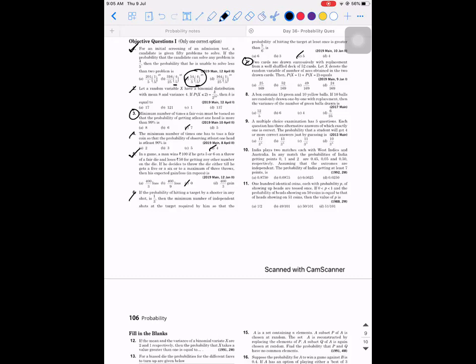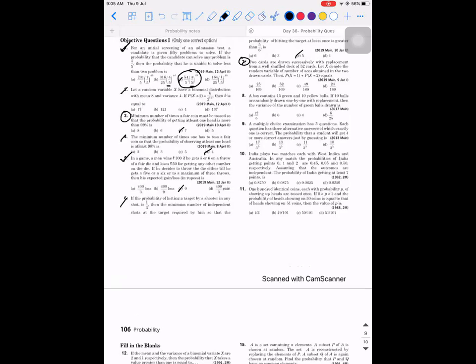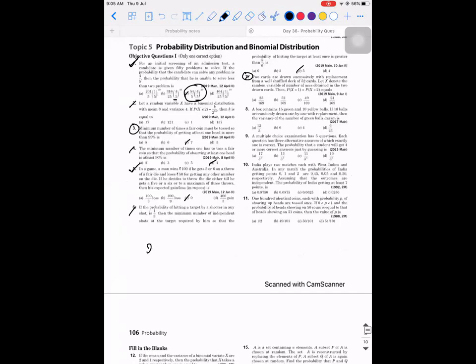So P of X is equal to 1 means how many turns are there? 2 cards are drawn. So out of the 2 turns, 2C1. What is asked? P of X is equal to 1 means you got an ace once.